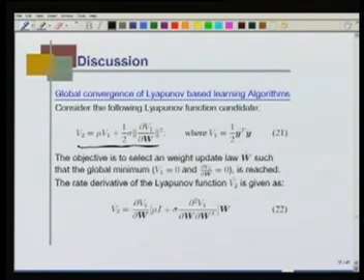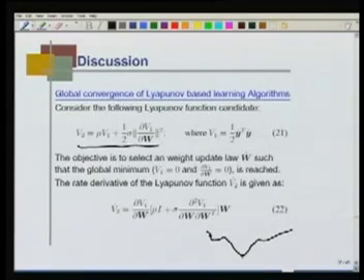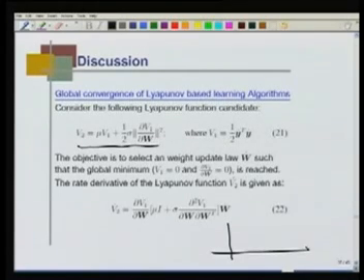That is, if I have a cost function, then at this point del V1 by del W is also 0 and V1 is also 0. But V1 is not 0 here, V1 is 0 here, sorry.